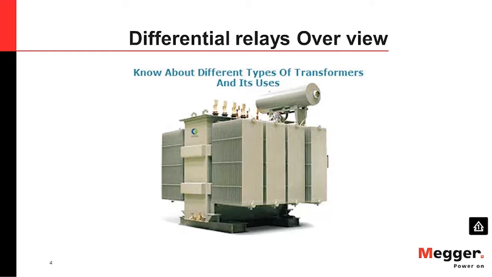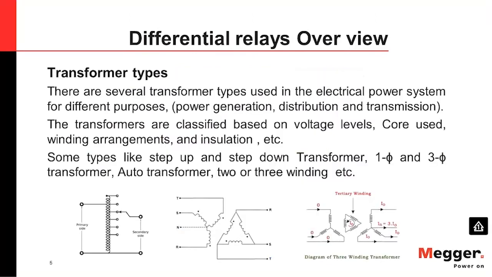And basically, the differential relay, we usually use it for transformers rated 5 MVA and above. Below that, we sometimes use overcurrent and other protection that we will also go through. But let's talk about the transformers first, the types commonly used here.